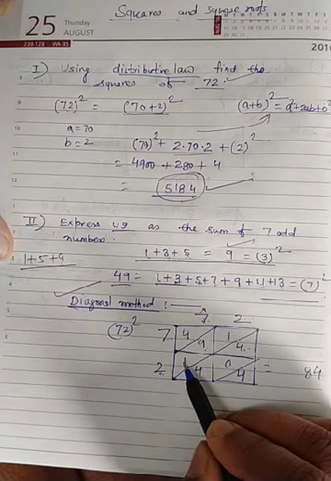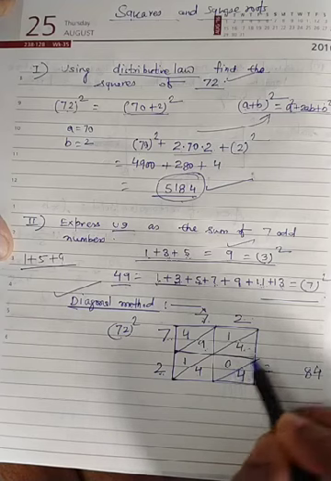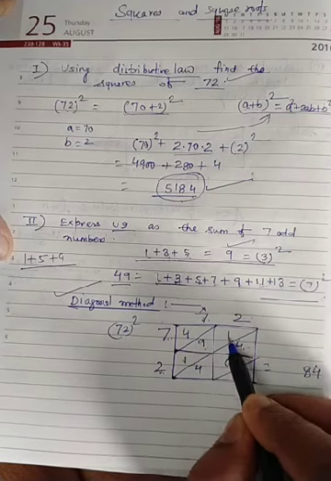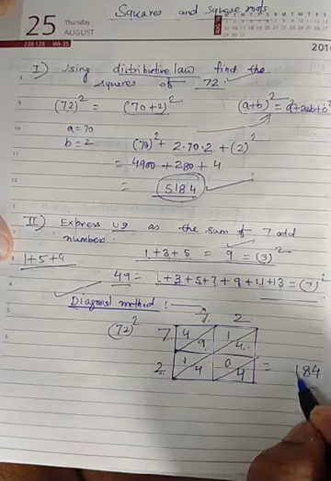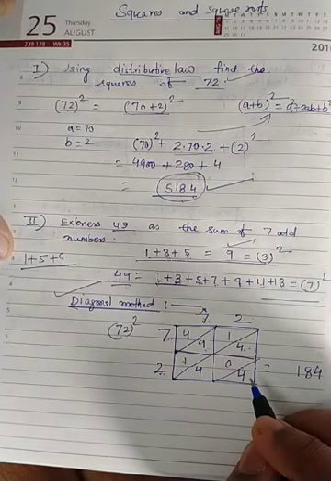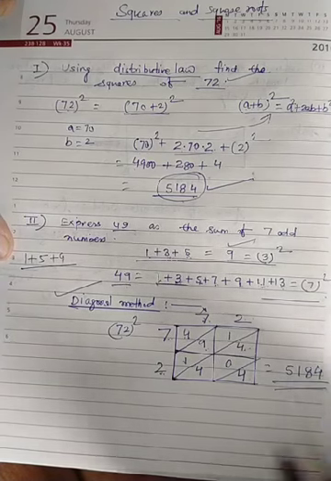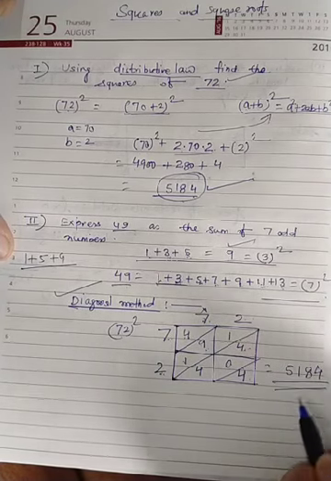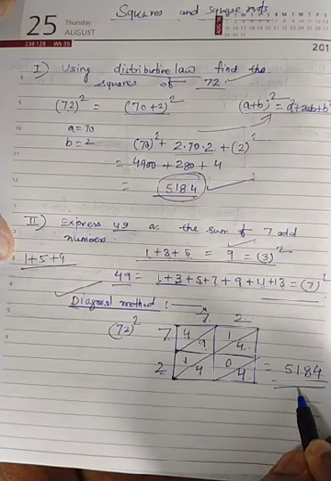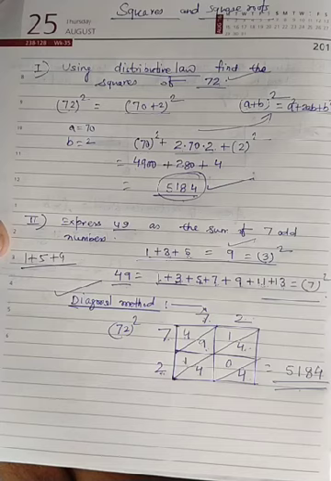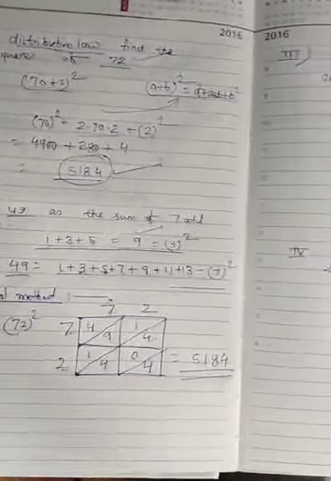Now along the diagonal you need to add them up. 1 plus 9 is 10, 10 plus 1 is 11, so 1 carry, in your hand 1, so 1 plus 4 is 5. So this is the way to find the square of any natural number by using the diagonal method.